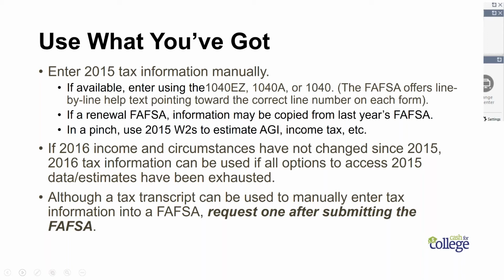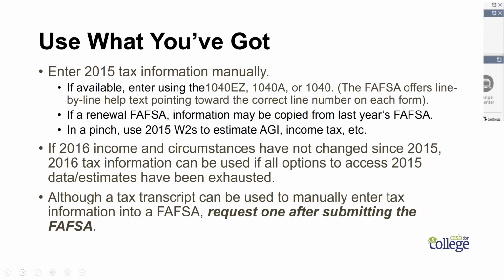If they don't have access to their 2015 tax info and they need to get it, that's one way they could do it. If it is a student that's actually renewing their FAFSA, since we're using 2015 info on this year's FAFSA, and that's what we also used on last year's FAFSA, they could actually copy the tax info from last year's FAFSA, because it hasn't changed.